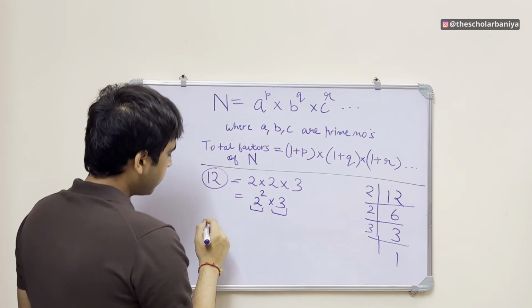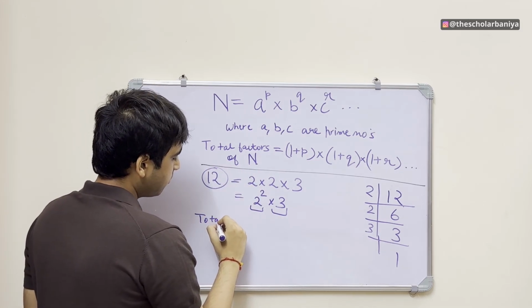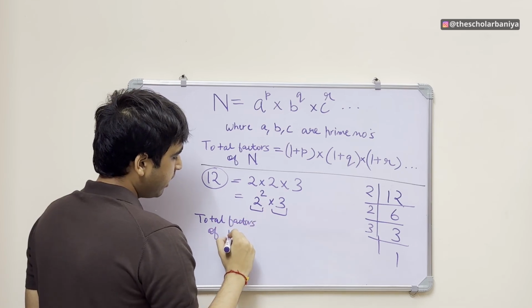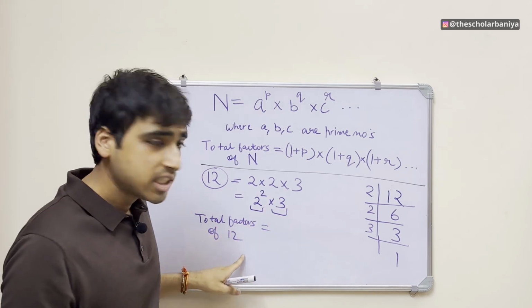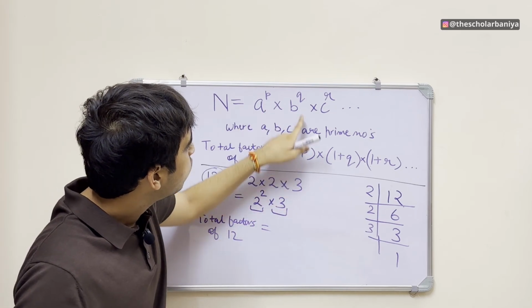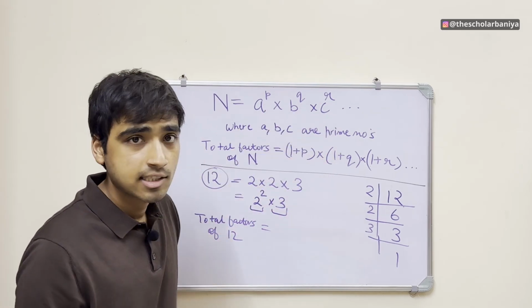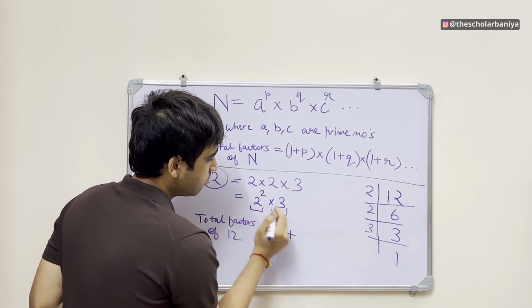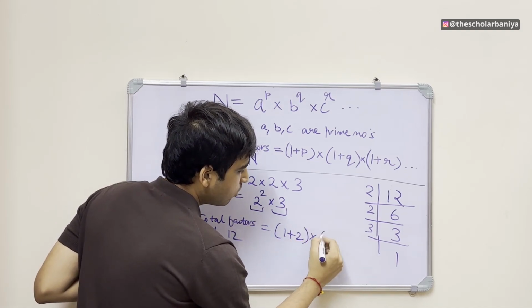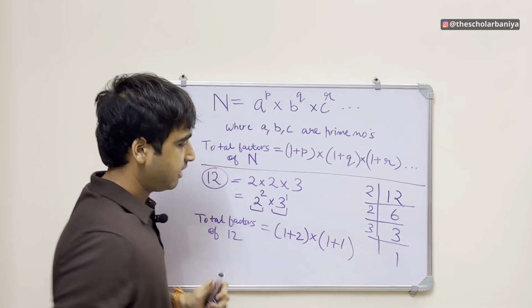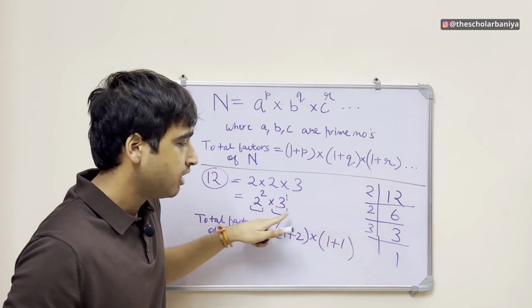Now if we want to calculate the total factors of 12, how much will this be? According to the formula, it will be 1 plus p into 1 plus q into 1 plus r, and so on. So in this case it will be 1 plus 2 into 1 plus 1, because there are two numbers over here.